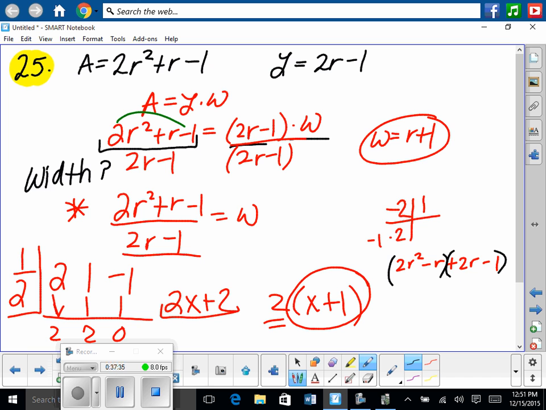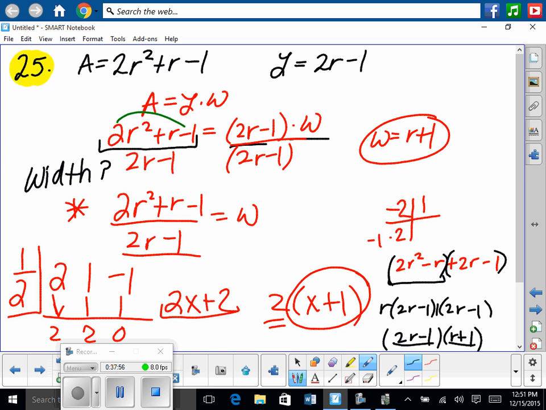Group the first 2, group the second 2. There's an r in common. Left was 2r minus 1. Factor out a 1. Left is 2r minus 1. So then we factor out 2r minus 1, and left was r plus 1. Okay, so 2r minus 1 is our factor, then our length, and that's our width.